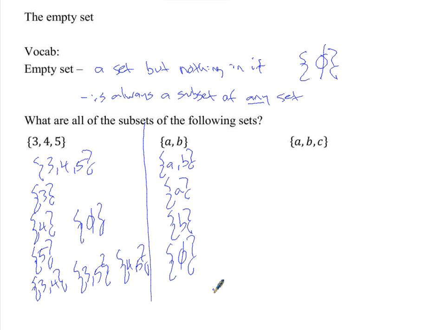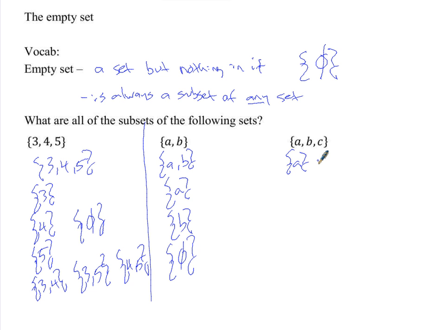Okay? All right, go ahead and try the third one, A comma B comma C. Doesn't matter if it's numbers or letters or shapes or bathroom supplies. It's all the same. What's a subset? A, okay.